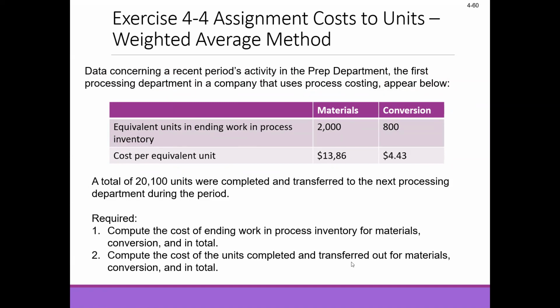A total of 20,100 units were completed and transferred to the next processing department during the period. Compute the cost of ending work in process inventory for materials, conversion, and in total.